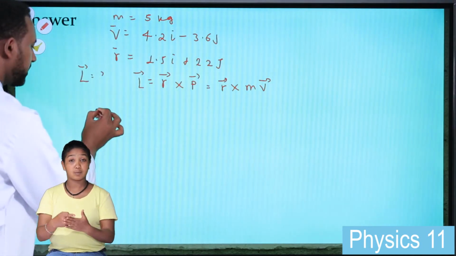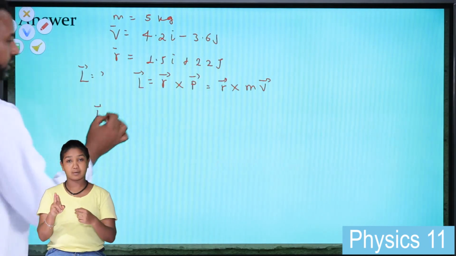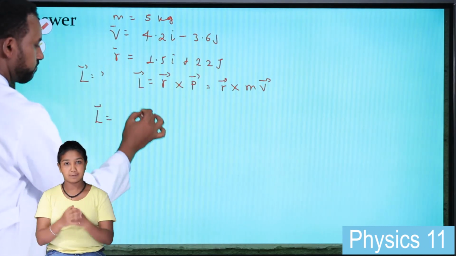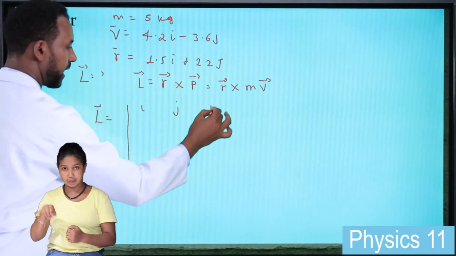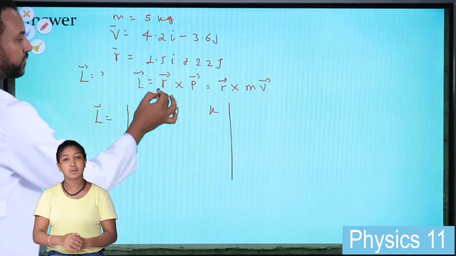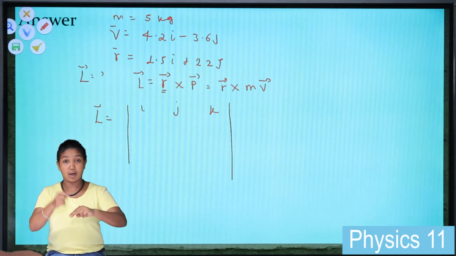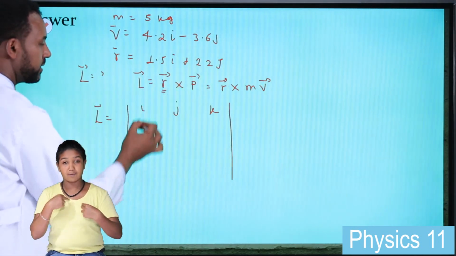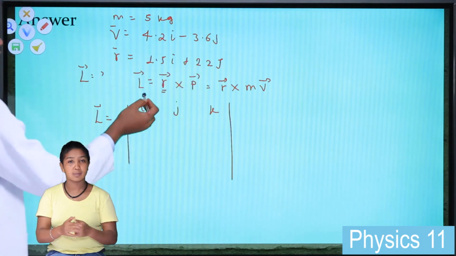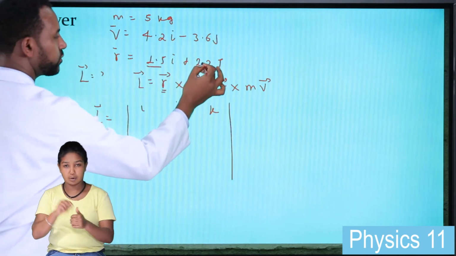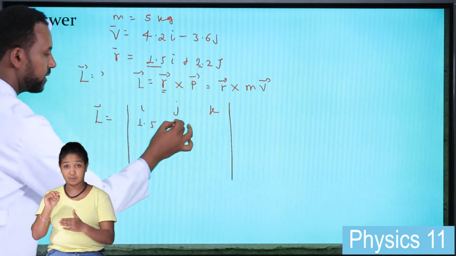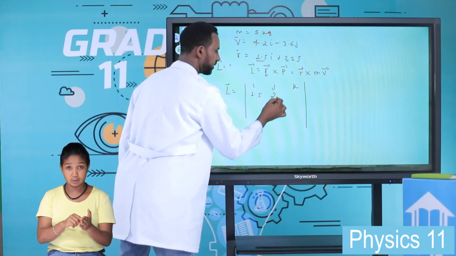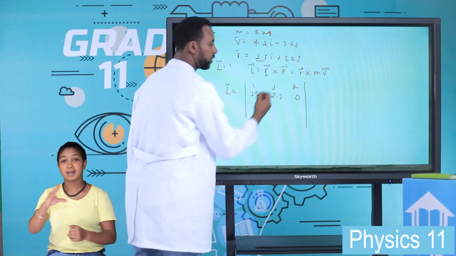Therefore, it's possible to have r in matrix form with i, j, k. Always you have to put r first. Here we have r. What are the coefficients of r? 1.5 and 2.2, and there is no k value.